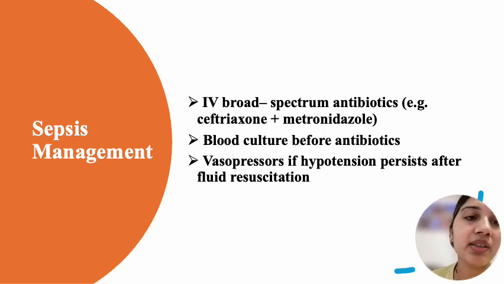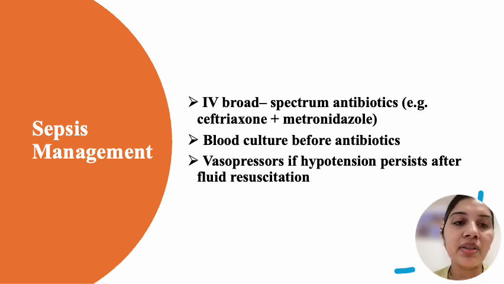Especially in her case, we can administer ceftriaxone plus metronidazole IV, which is a broad-spectrum antibiotic. If she is hypotensive after administering the fluid, then we need to administer a vasopressor to help raise her blood pressure.